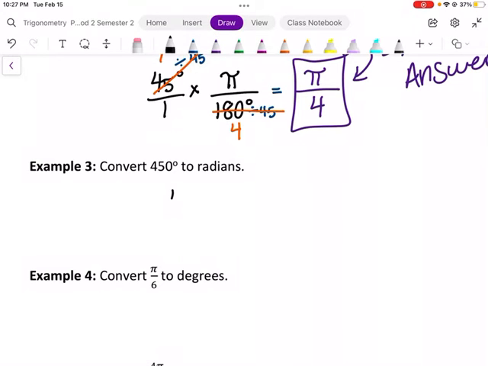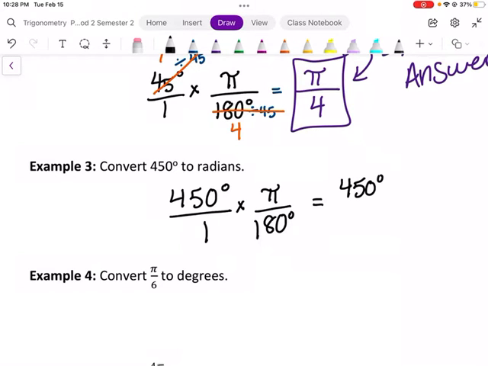All right, moving on to our next one. This one we have 450 degrees, and again, we're going to be changing it to radians, so we're going to multiply by pi over 180. I don't know off the top of my head their greatest common factor, but I do know they both can be divided by 10 to get rid of those zeros.